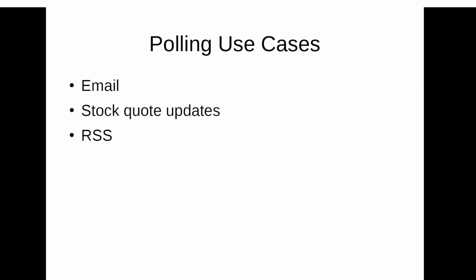Simple applications that tend to use polling solutions are some email protocols like POP3. Oftentimes, fetching things like stock quotes from third-party web services requires that the application essentially hit the web server and pull the data in at some predetermined period.